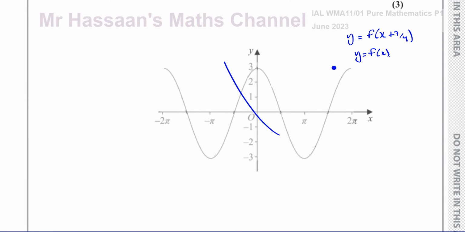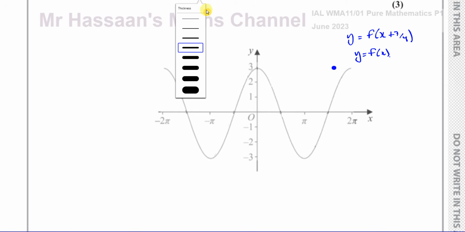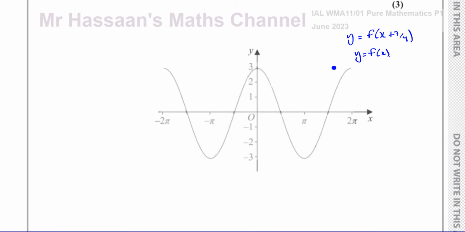Let me just make that thinner. So the 2 pi will end up being a quarter. Each of these is half pi, so this is pi over 2 plus pi over 2.